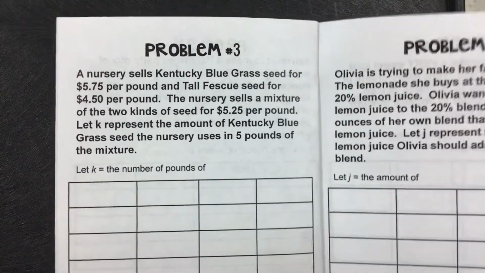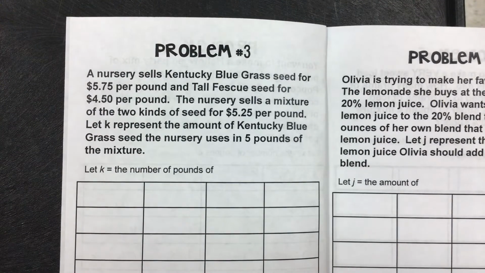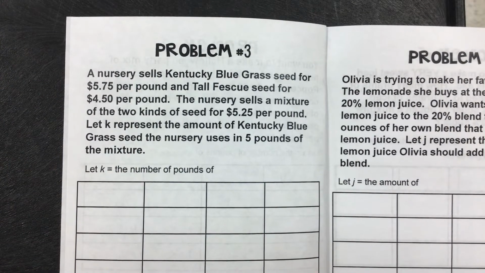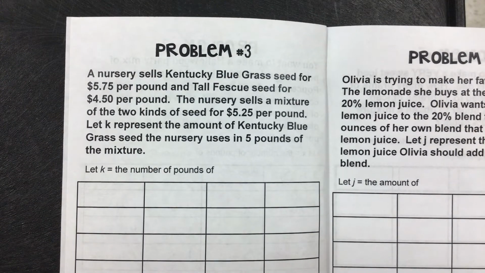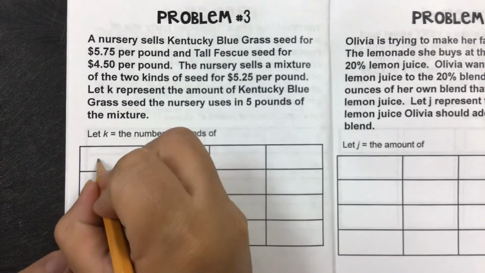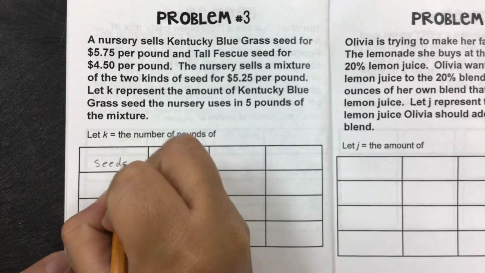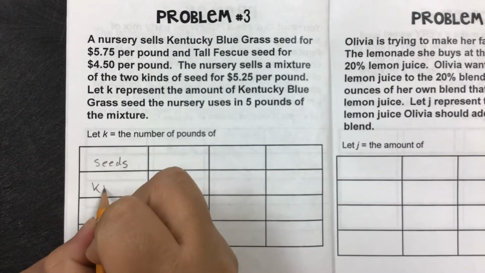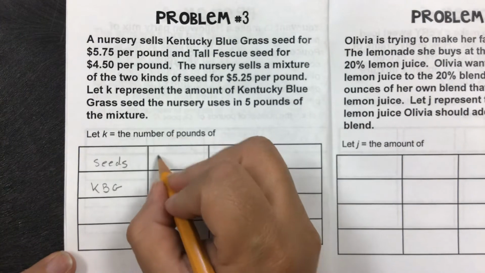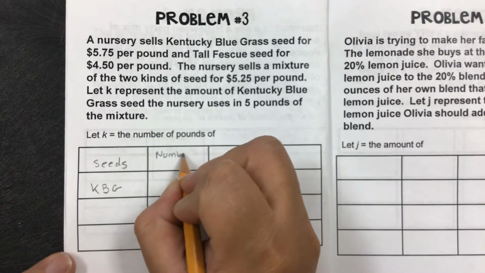Number 3. A nursery sells Kentucky bluegrass seeds for, so we're talking about seeds. We got a Kentucky bluegrass, and so we know we have to deal with number of pounds.